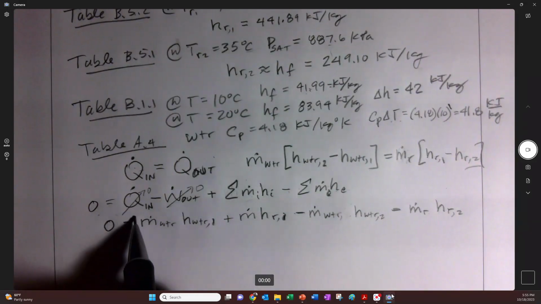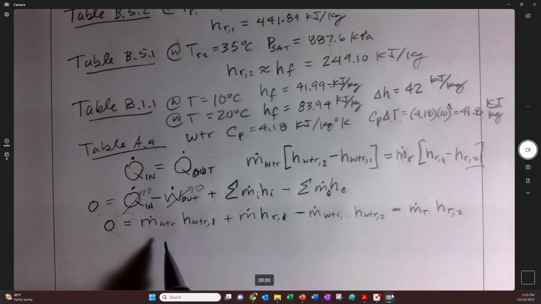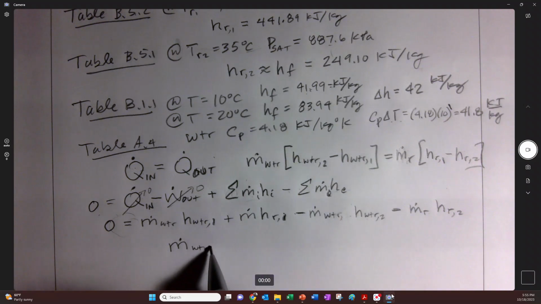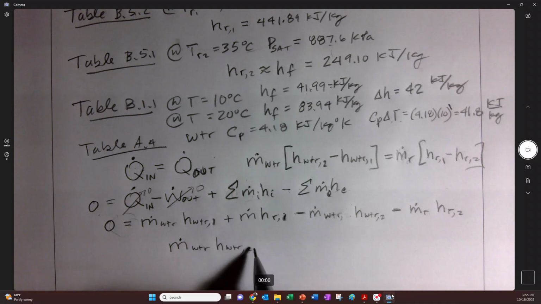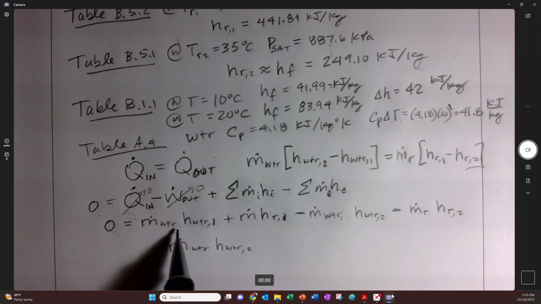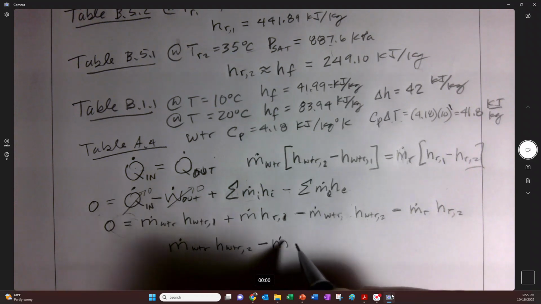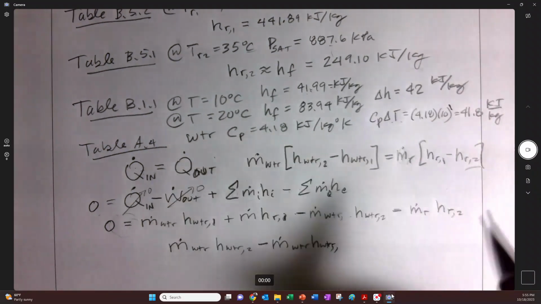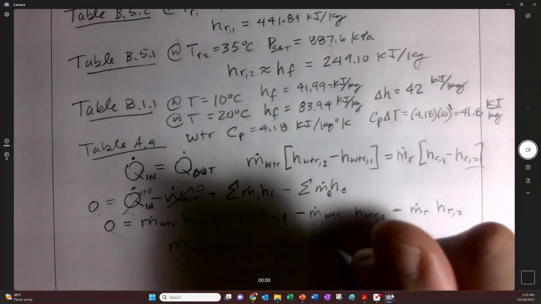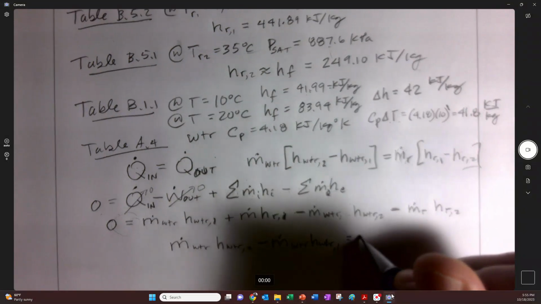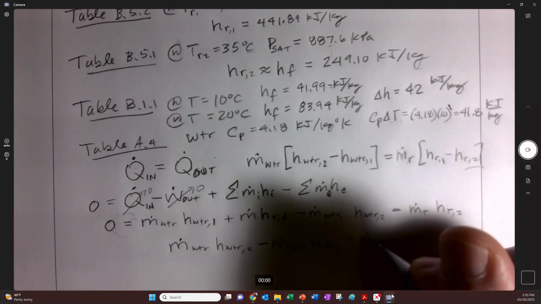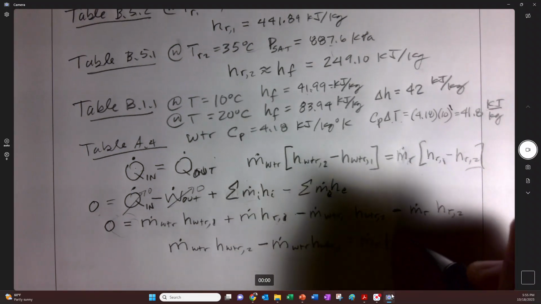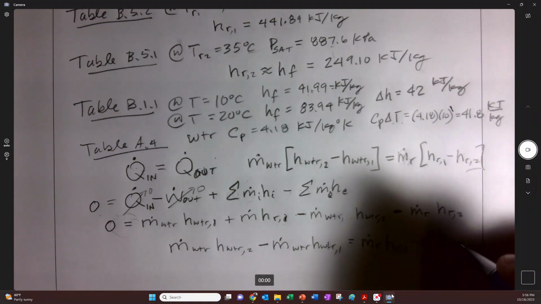We could just gather the things around, put it onto the other side of the equal sign, and you're going to have m dot water, h water 2, and then this has to come back around to the other side too, so it's going to be minus m dot water h water 1 is going to be equal to m dot refrigerant times h refrigerant 1 minus m dot h refrigerant 2, right?